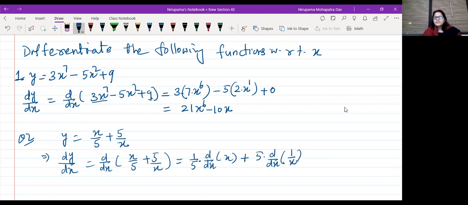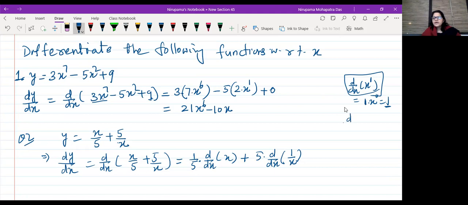Here let me tell you, whenever we have d by dx of x, meaning x to the power 1, it is 1 into dx by dx, this is 1. Or if you want to write the formula, 1 into x to the power 0, which is 1, but we write it directly. D by dx of x is 1. That directly we will be using.